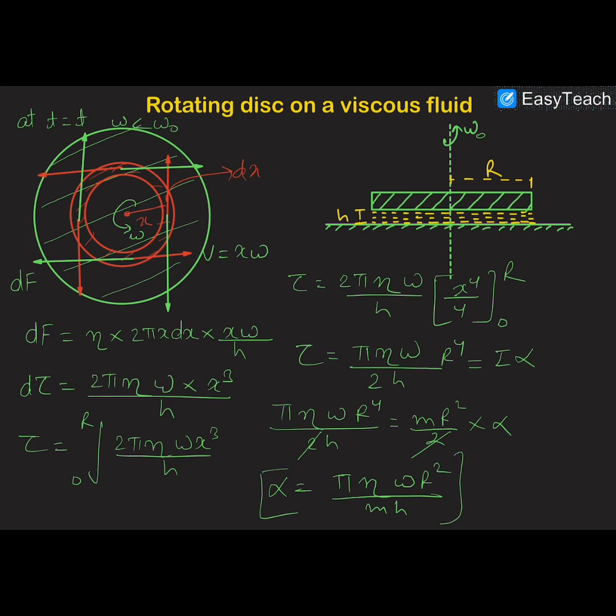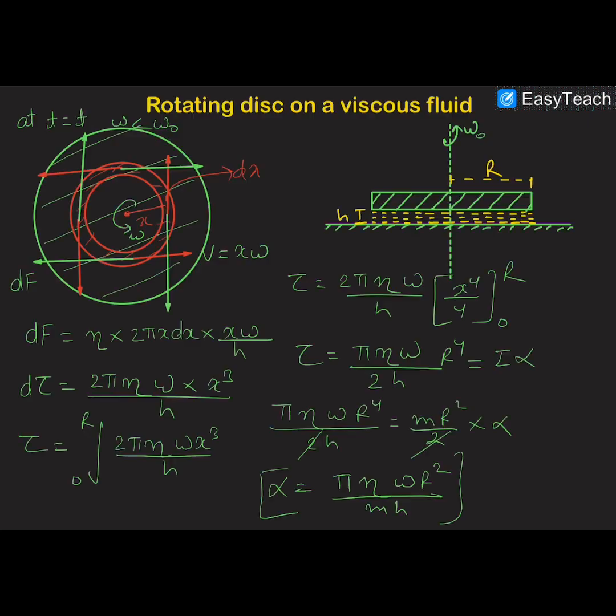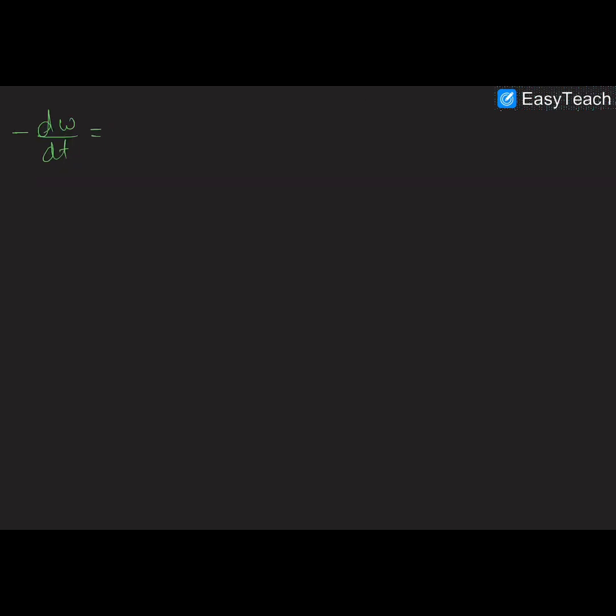This is the angular retardation. If we write alpha as d omega by dt, there should be a negative sign because it is retarding the angular velocity, so it is pi eta omega r square by mh.